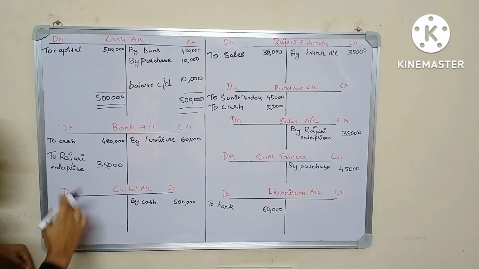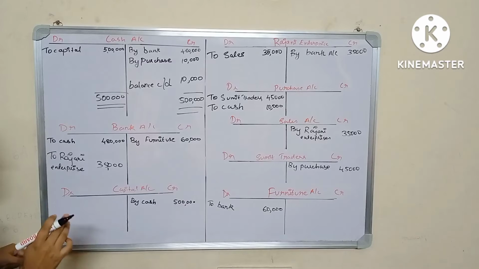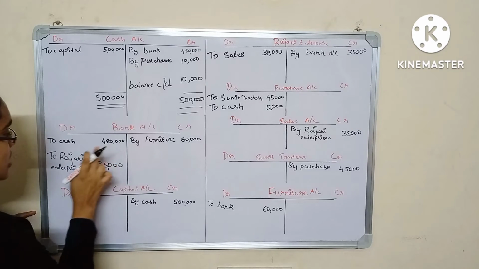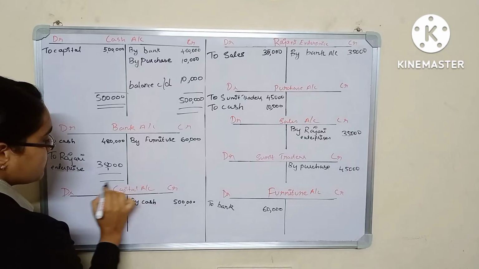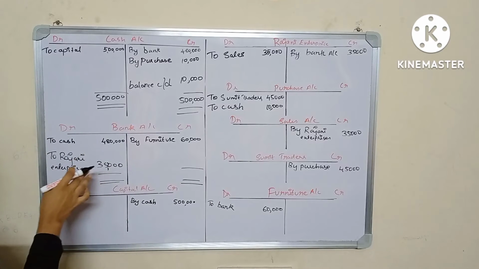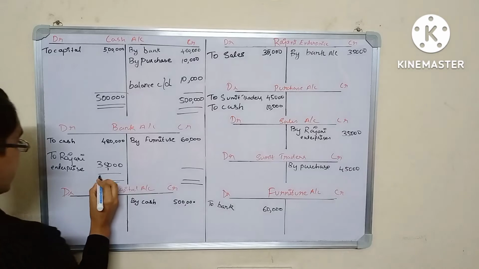Now let us balance the bank account. Here you have 60,000 on the credit side. On the debit side, you have 4,80,000 and 35,000. When you total, how much will you get? Of course, this debit side will be greater than the credit side. So you will get 5,15,000.